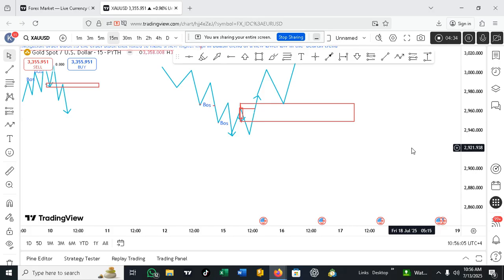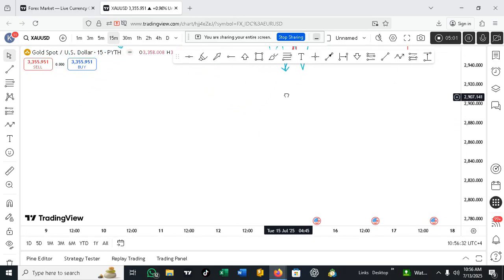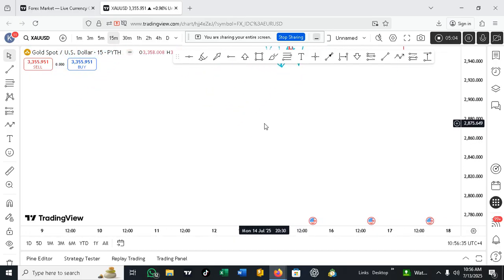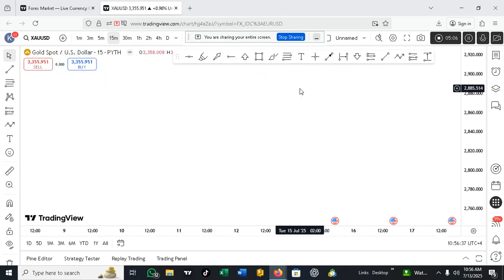So in the next part, I'm going to show you how I use them in the market using entry confirmations to place trades. By the way, let me first show you how to enter the market using the different types of entries.